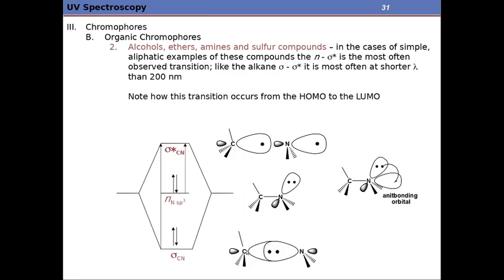For example, if you consider the bonding between a carbon in an organic molecule and a nitrogen, for example the one in an amine, NH2, you can assume that the sigma bond is formed by in-phase overlap of the 2p orbitals on carbon and the 2p orbitals on nitrogen. That results in a sigma molecular orbital, whereas the out-of-phase overlap between the carbon 2p orbital and the nitrogen 2p orbital results in a sigma star molecular orbital, for the carbon-nitrogen sigma bond.